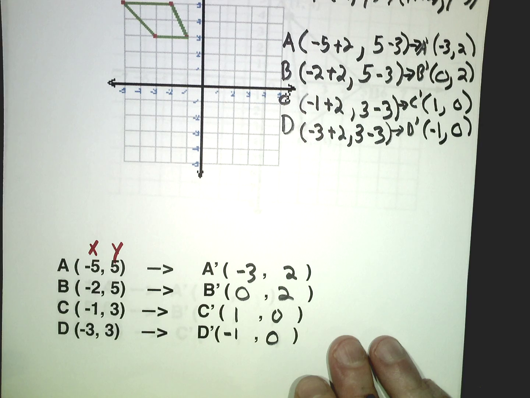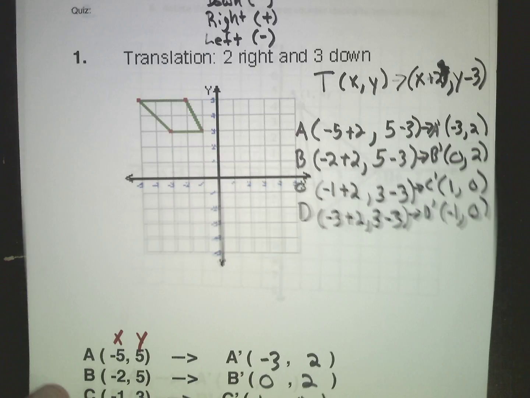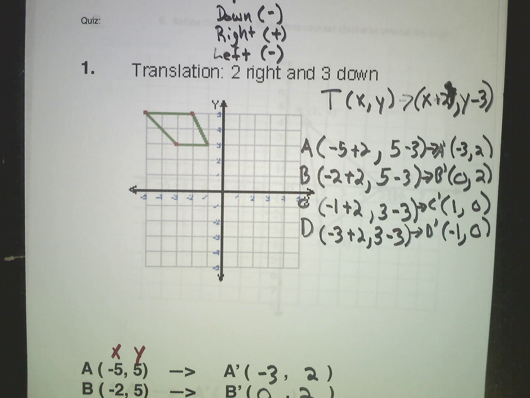Now, that is the way to do it mathematically. We went over this. Look in the translations lesson if you want to review this. I'll show you real quick how to do this graphically, if you want to do this and print it up, it's not that hard.